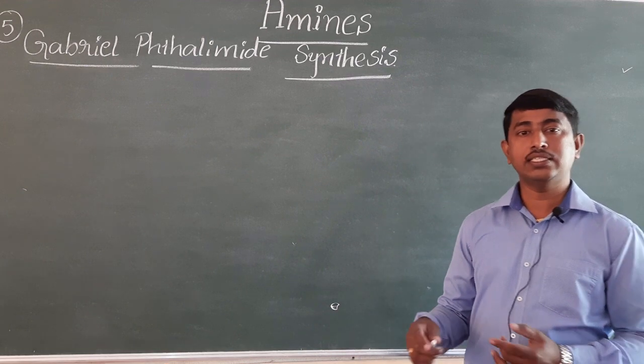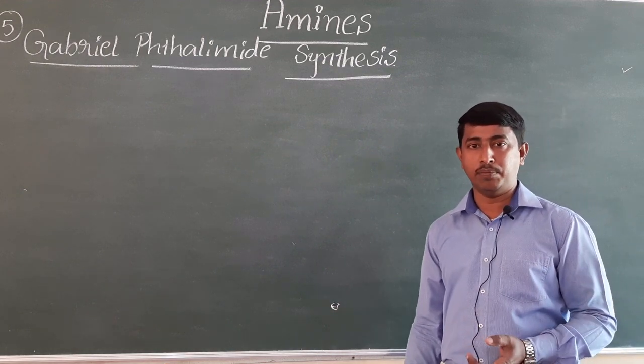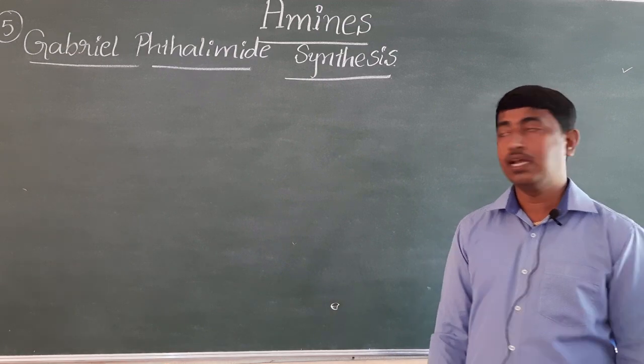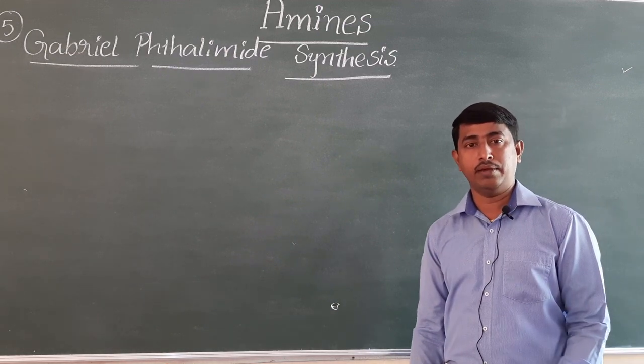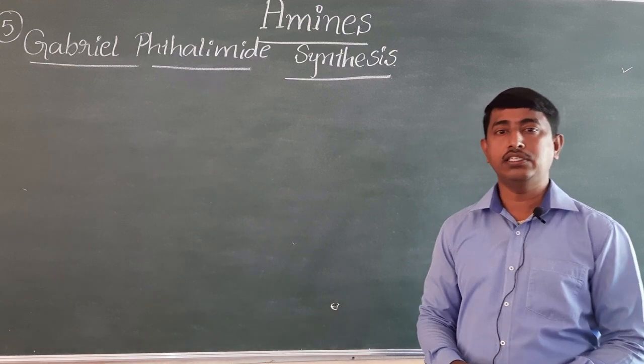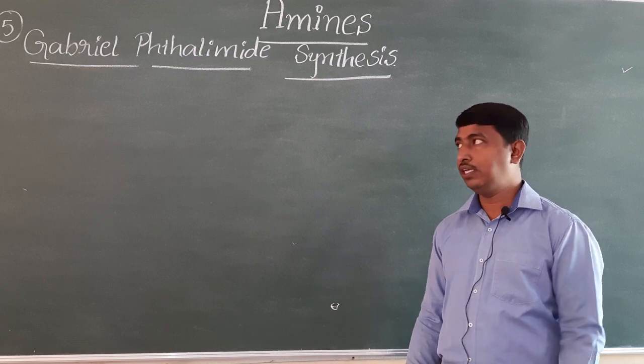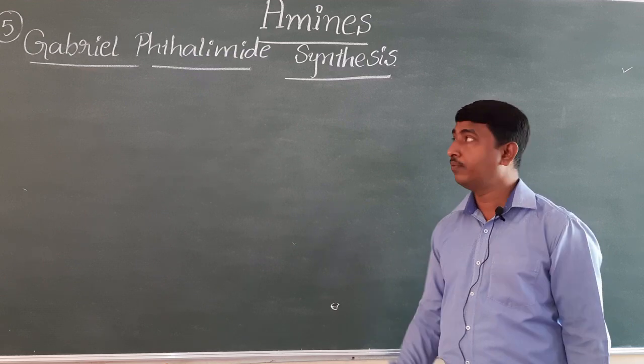Successively, hydrogen atoms of ammonia get replaced by alkyl groups, forming primary amine, secondary amine, tertiary amine, as well as quaternary ammonium salt. These things we have studied in the last class.